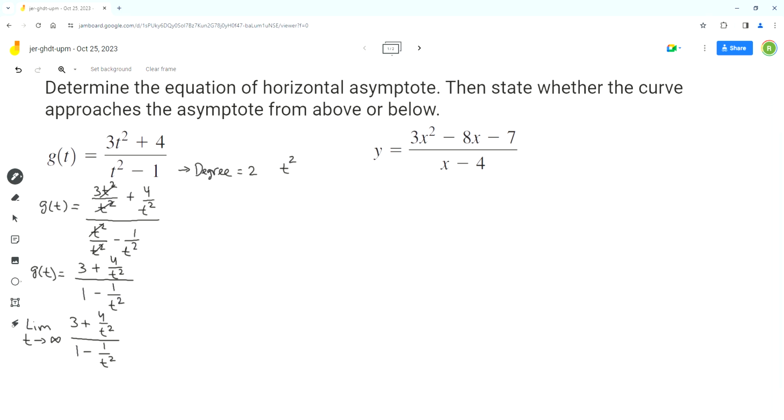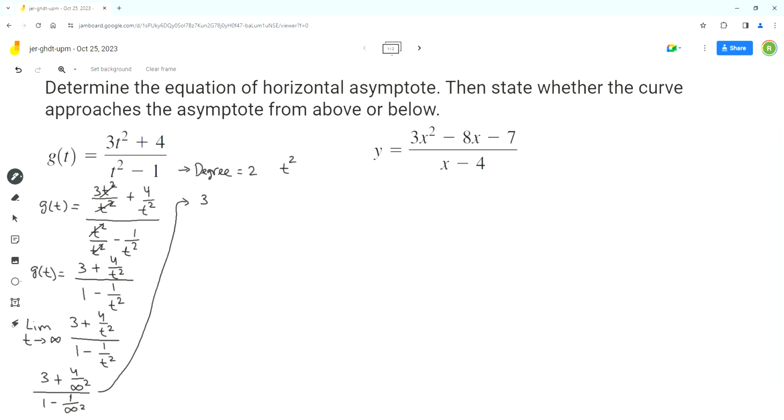So we get 3 plus 4 over infinity squared over 1 minus 1 over infinity squared. Now we can simplify this expression. 4 over infinity squared is just 4 over infinity. We know that 1 over infinity is equal to 0.